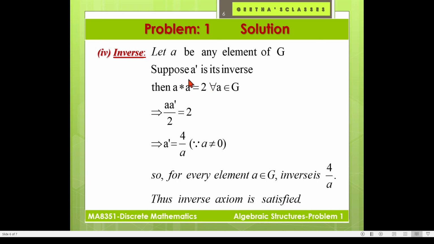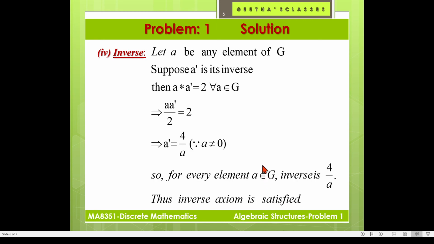By definition a star a dash can be written as a a dash by 2, like ab by 2, where instead of b we have a dash. So a a dash by 2 equals 2. Now cross multiplying, a a dash equals 4, so a dash equals 4 by a. For every element a belonging to G, the inverse is 4 by a. So the inverse exists, the identity exists, and the inverse axiom is satisfied.